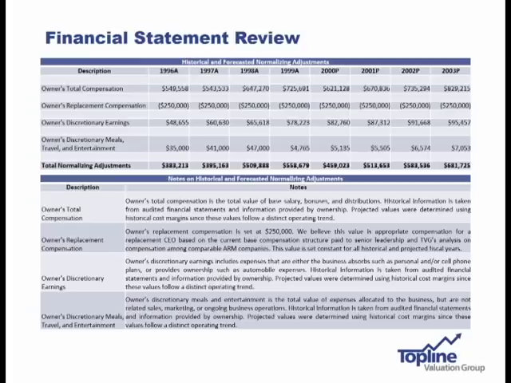And a lot of companies may have some owner's discretionary expenses, any meals, travel, and entertainment. The graph towards the bottom of this slide just provides more detail into what this normalizing adjustment is, where we may have come up with a replacement salary, and how these normalizing adjustments were found or calculated.